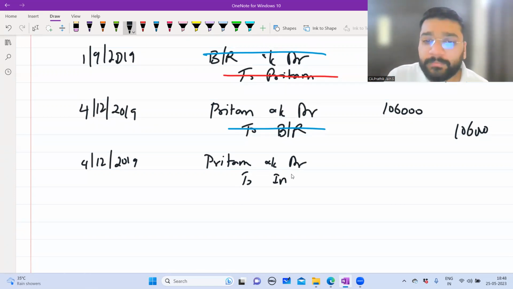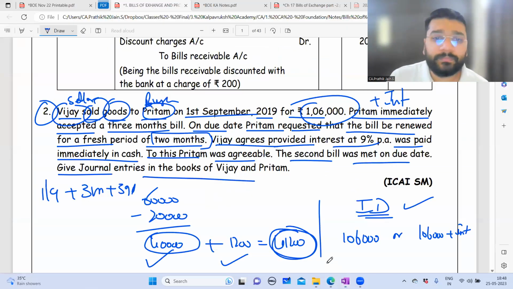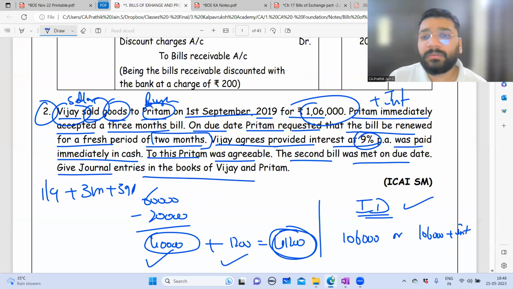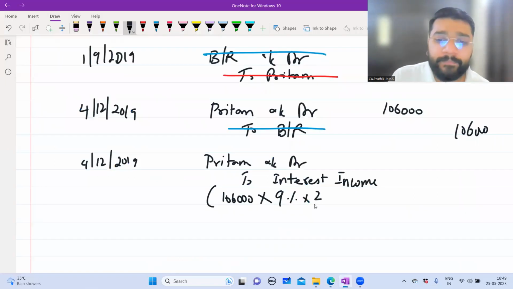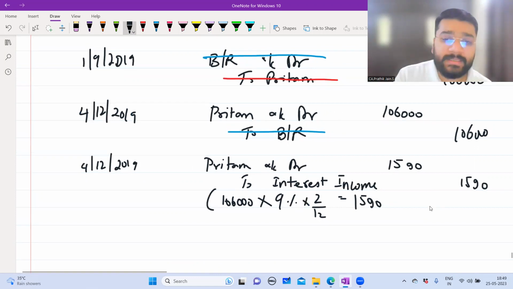So what is the interest? 1,06,000 rupees into the agreed 9%, for how many months? 12 months. But here we are giving an extension of 2 months, so for the additional 2 months you calculate the interest, into 2 by 12. The interest amount is 1,590. So this entry is done.